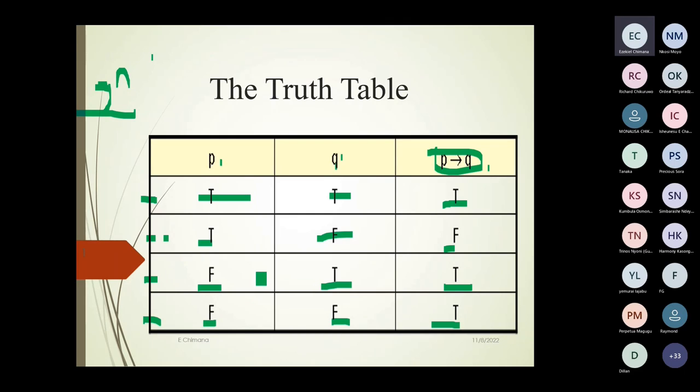Since we have got 4 rows here, you use the half rule. So firstly, you put true, true, and then false, false, because the first 2 rows you put true, and the last 2 rows you put false.